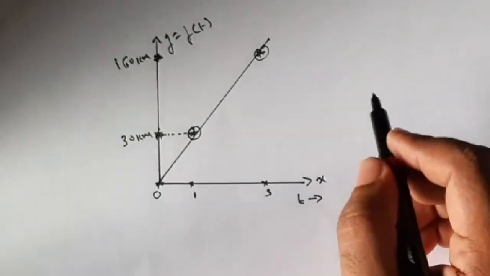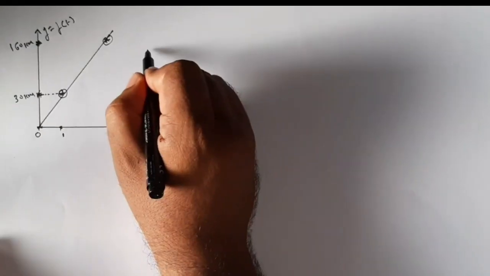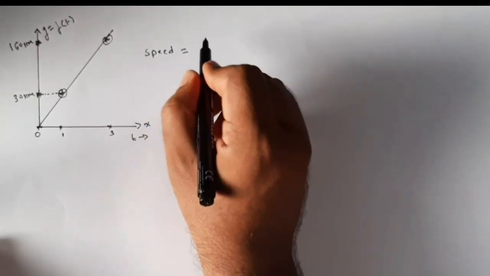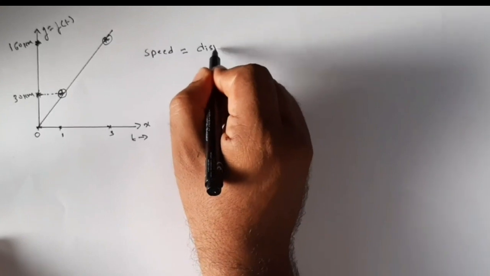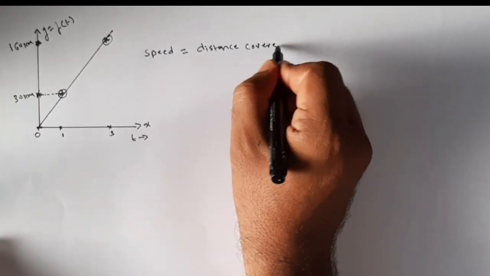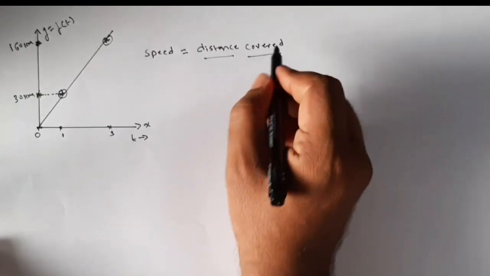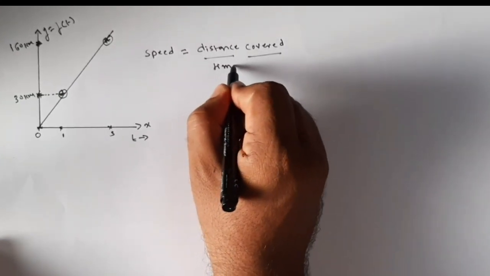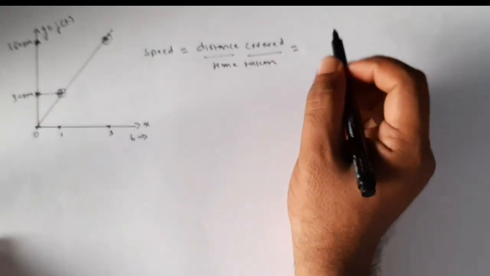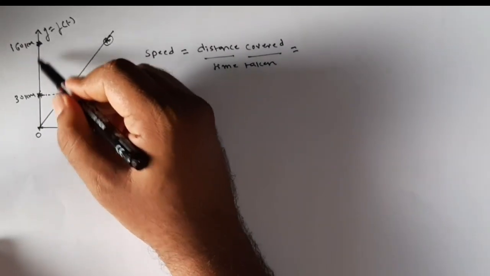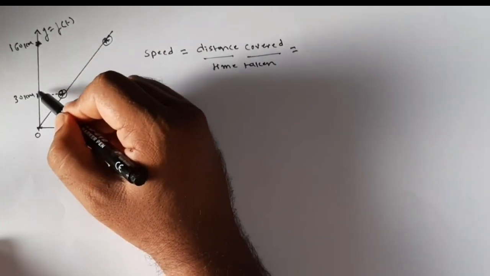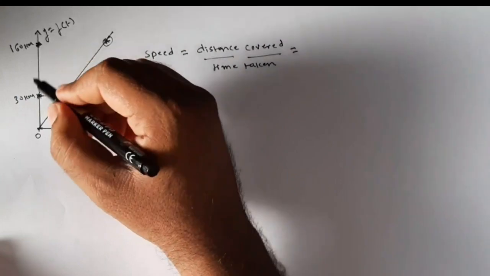We know that speed is equal to distance covered divided by time taken. So from here to here, what is the total distance? To get the distance covered from here to here, we have to subtract.